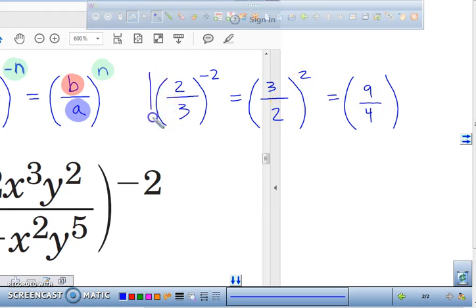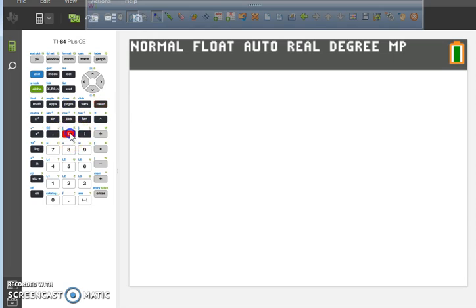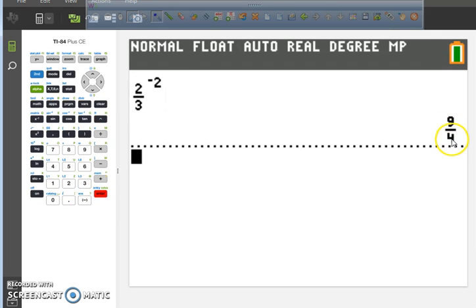So if you were to put this in the graphing calculator, your calculator is not going to spit out this. Your calculator is going to go directly to your final answer. So right here, if I were to open parentheses, type in 2 here and 3 here, close the parentheses and raise that to the power of -2, it's going to spit out 9 over 4.